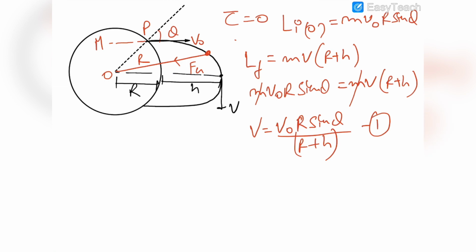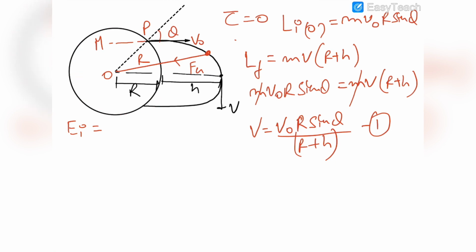Now in part 2, let us conserve the energy. The energy initially was the energy at this point P, and this energy will be equal to the total energy of the satellite in the orbit of radius r.